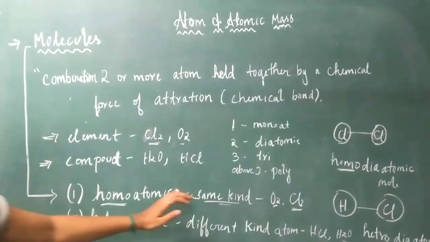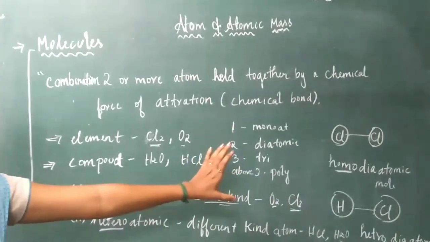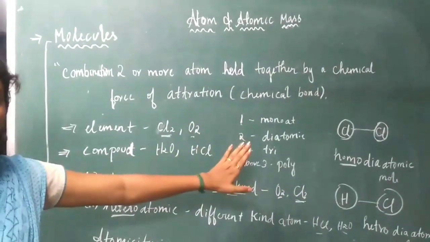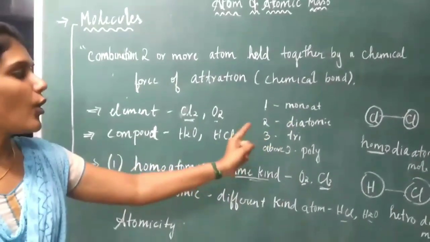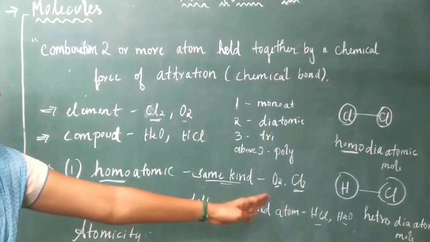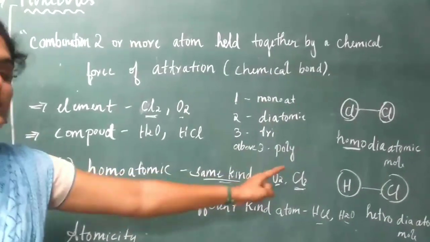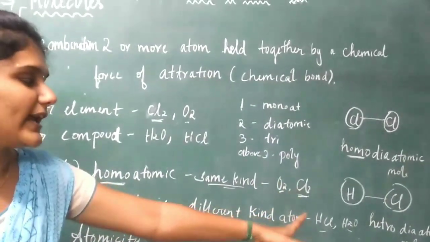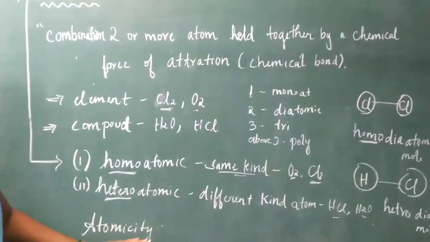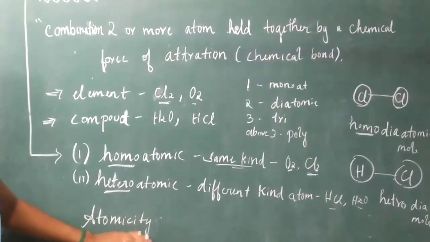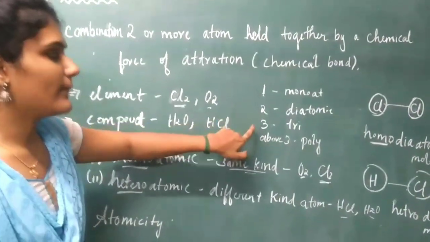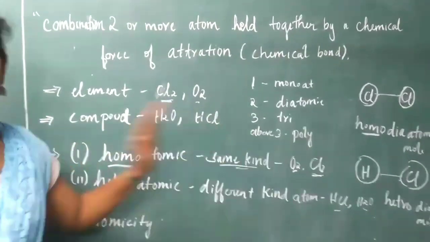Now we understood how to denote the name of a compound. If it is the same element, we give the name homo, and it consists of two, so homo diatomic molecule. If it is a different element, we give the name hetero, and it consists of two, so it is a hetero diatomic molecule. Atomicity is the number of atoms present inside a molecule. The different types of atomicity are monoatomic, diatomic, triatomic and polyatomic.